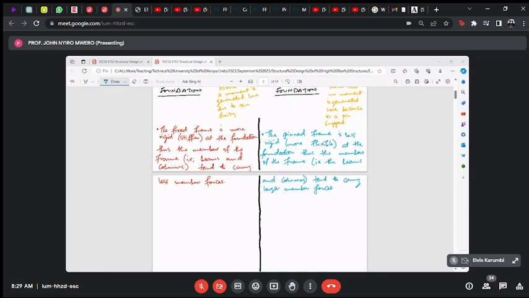It's almost negligible. So what does that mean to the foundation? Implication to the foundation.